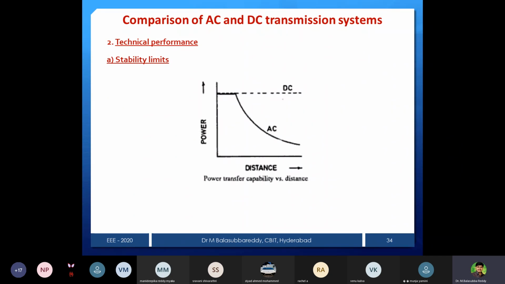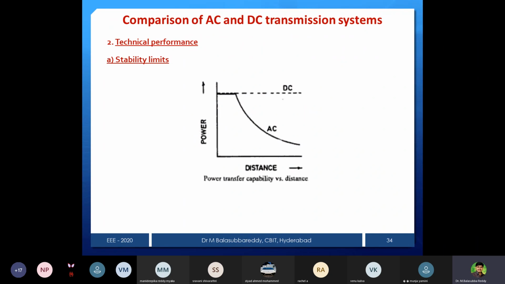This is the curve, power transfer capability versus distance, in terms of the AC as well as the DC. In terms of DC, you can see that the power carrying capability is not dependent on the distance, whereas in the AC side, with increasing distance the transmission line capability is going to drop down.